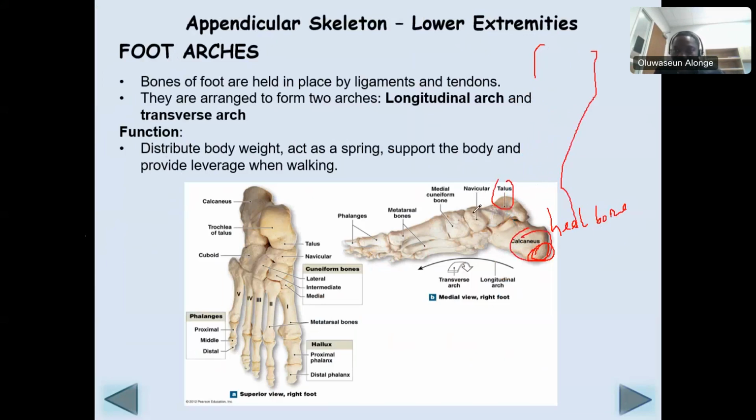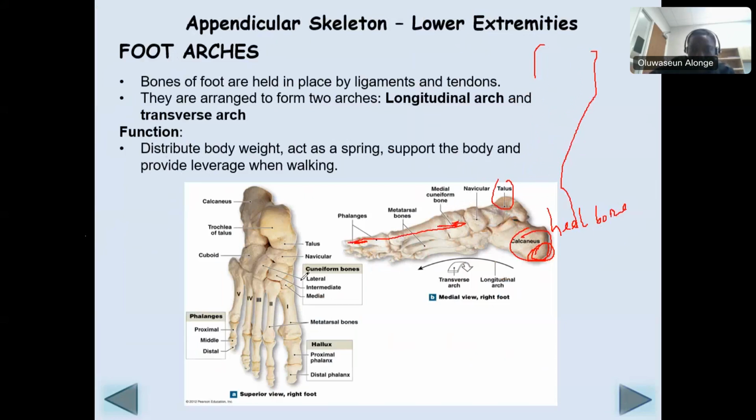Then you have the navicular here. You have the medial cuneiform here, the intermediate cuneiform right inside there, then the lateral cuneiform there. The side that has your great toe is the medial side, so that's the medial cuneiform. Then the other side is the lateral cuneiform.